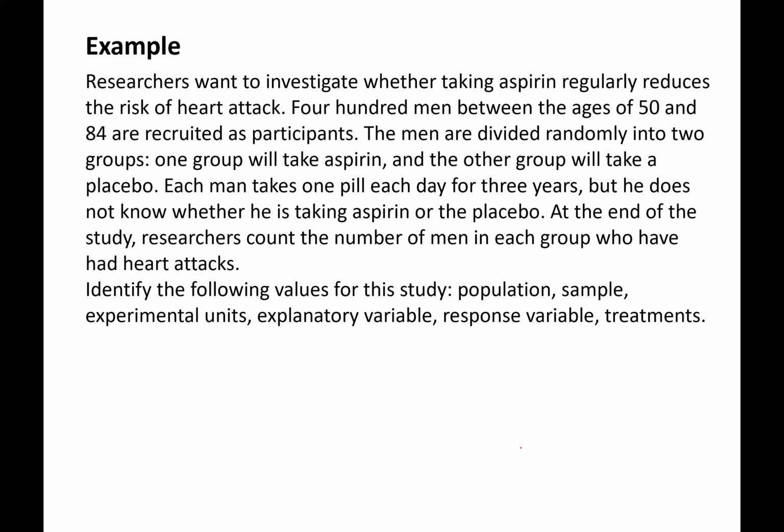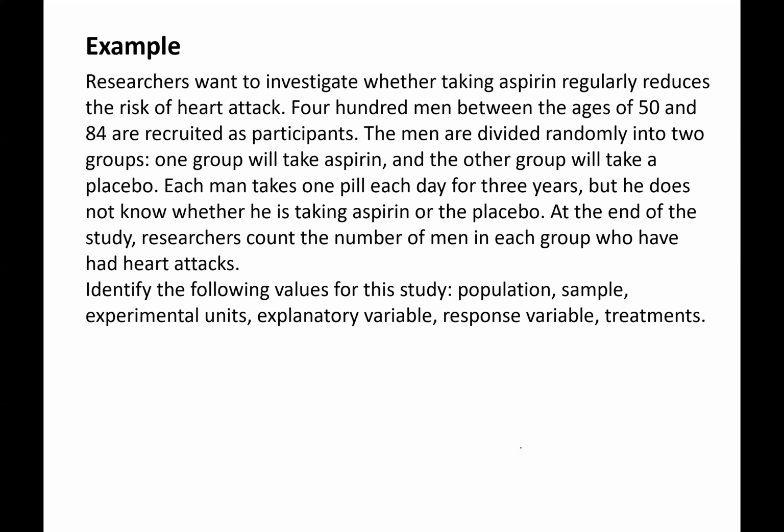Okay? So what are your experimental units? The two groups. The men taking the placebo or the aspirin. Okay? What's your explanatory variable? Aspirin and the placebo, because the two groups are receiving medication. One is a placebo, one is aspirin. So your explanatory variable is the pill they're getting.